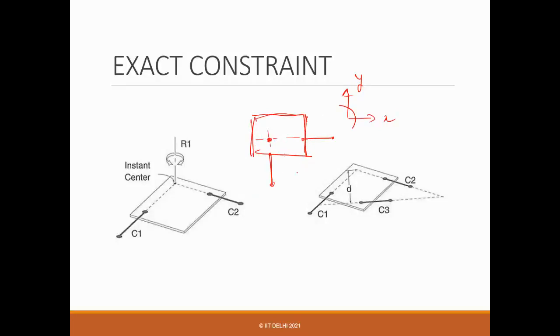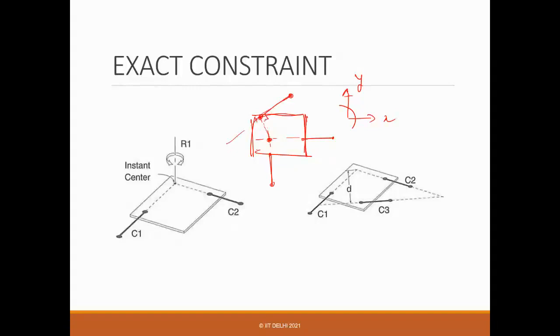Suppose I put a constraint here, or maybe here also, or here, anywhere. Suppose I put a constraint here, which is not passing through this point. At 90 degree.